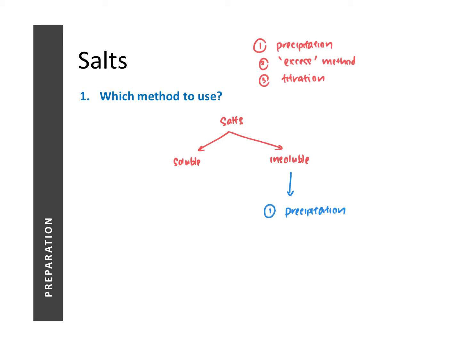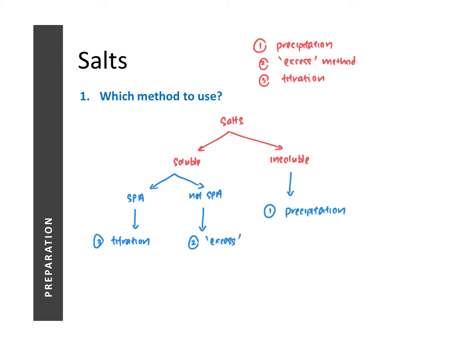For salts that are soluble, there are 2 methods. So we need to further ask ourselves, is the soluble salt a spa salt or not a spa salt? Okay, if the soluble salt is a spa salt, we need to use the titration method. Okay, if it's not a spa salt, we need to use the excess method.